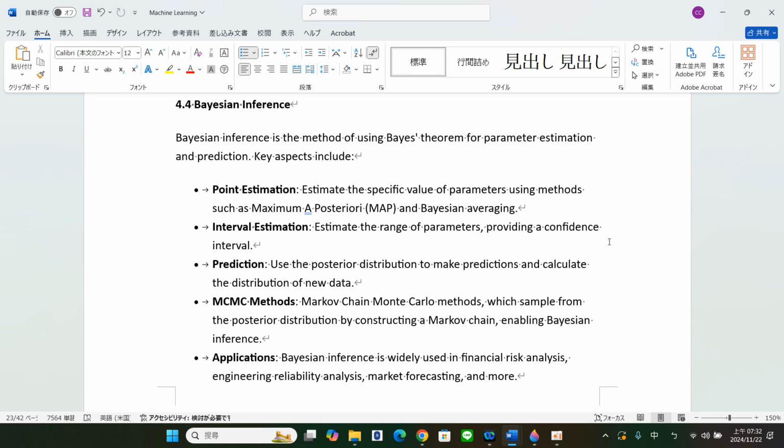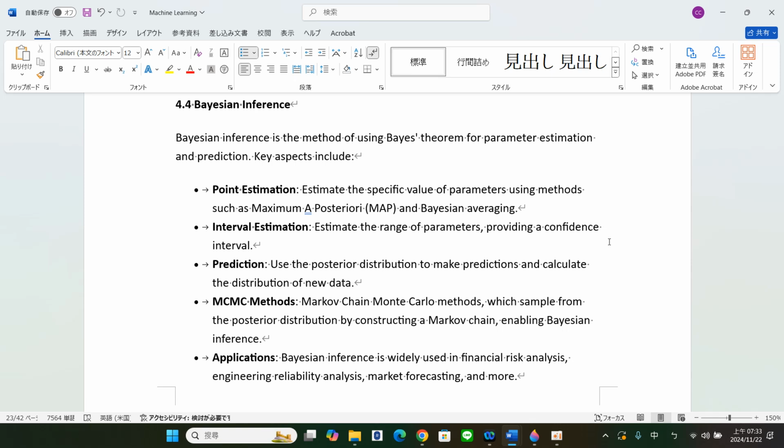Interval estimation: estimate the range of parameters, providing a confidence interval. Prediction: use the posterior distribution to make predictions and calculate the distribution of new data.